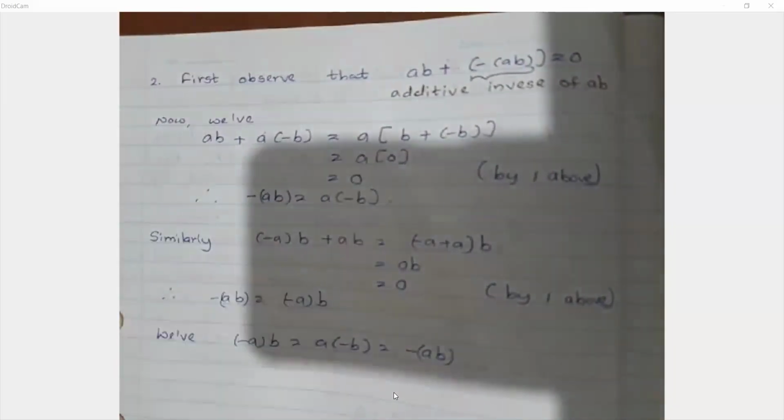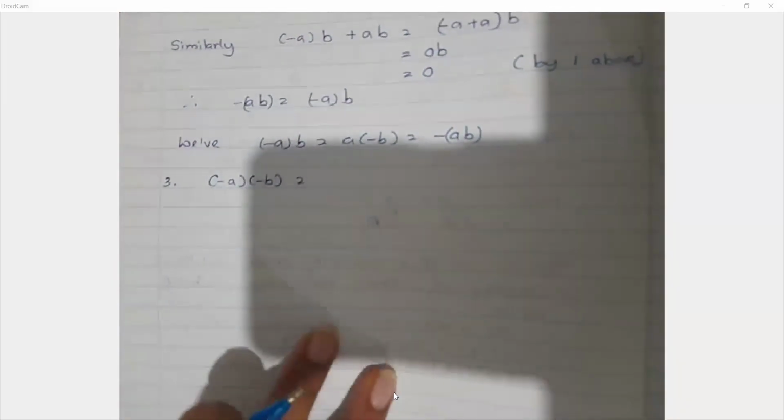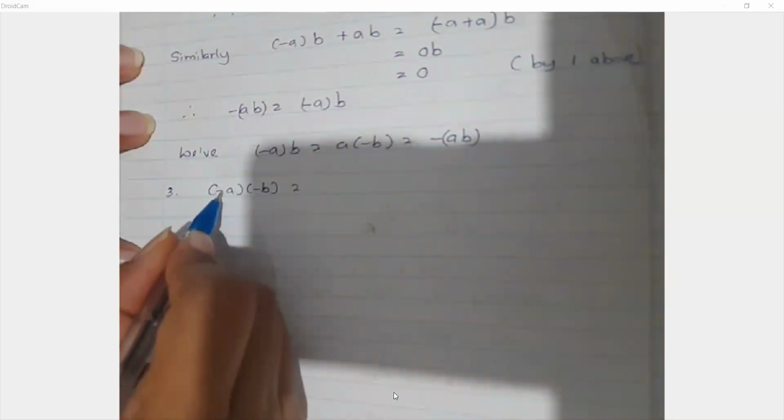Simply put parentheses, okay. Now to prove 3, which is this, negative A times negative B is simply AB. Let's start off with negative A, negative B. From above, I'm going to factor this negative out.